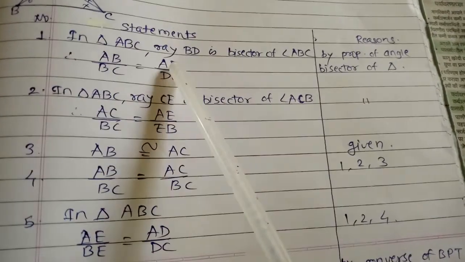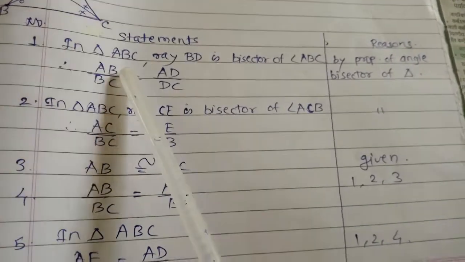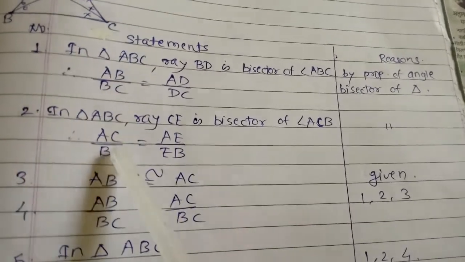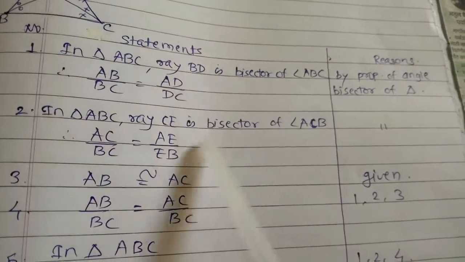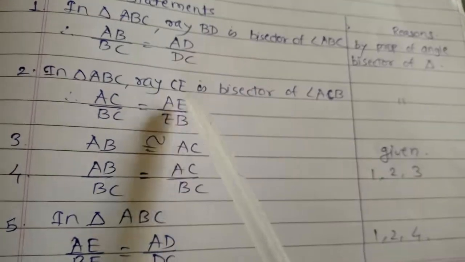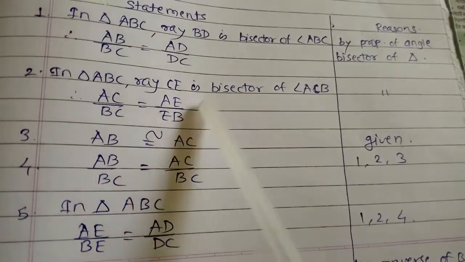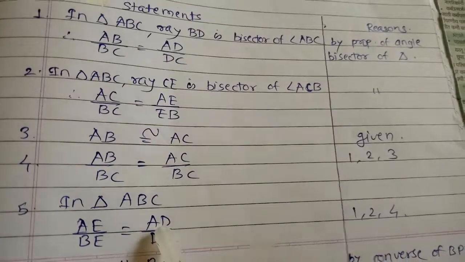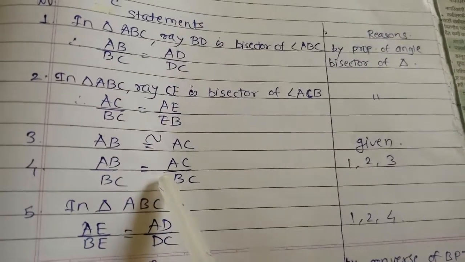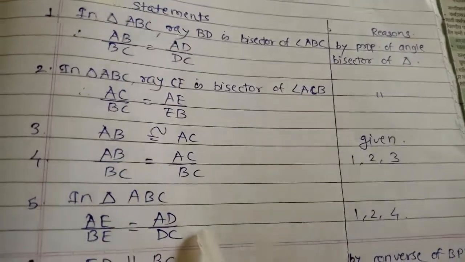See how we can write this: in the previous statement we already showed that these LHS are the same, and if the left hand sides are the same, the right hand sides are also the same. So AD upon DC is equal to AE upon BE. This is written in statement number 5. We get this from 1, 2 and 4, because in the 4th statement we proved that the LHS are the same, so the RHS are also the same.